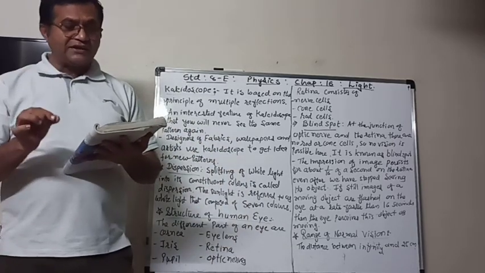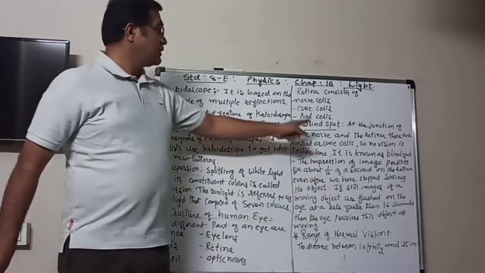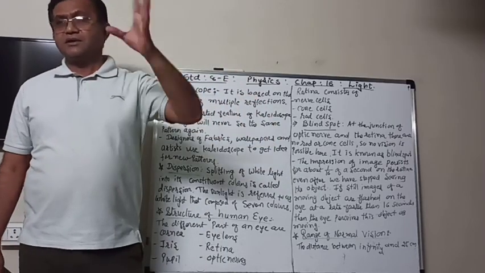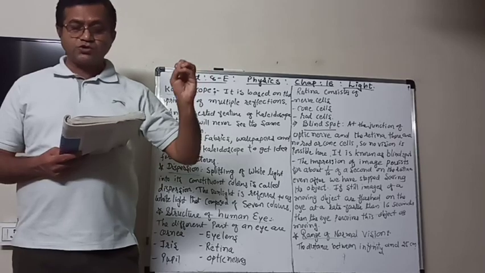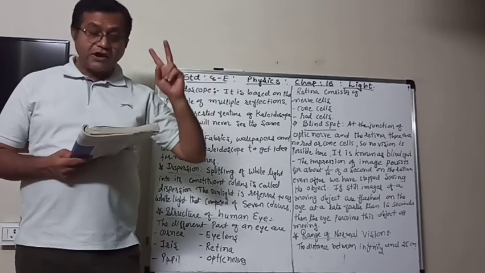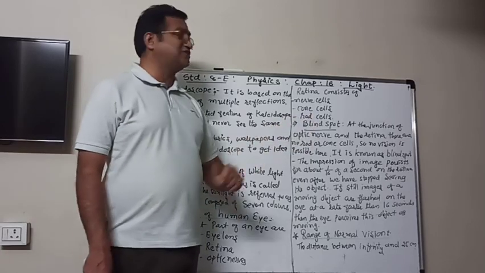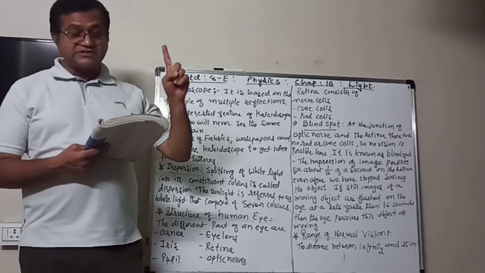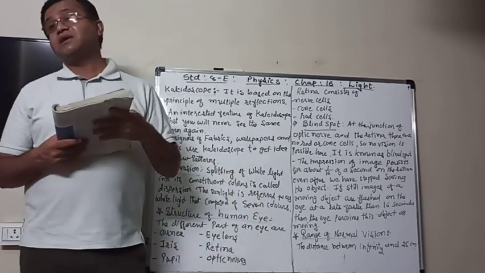Sensations felt by the nerve cells are then transmitted to the brain through the optic nerve. And there are two kinds of cells, as I told you, the cone cells and rod cells. Cone cells are sensitive to bright light, and rod cells are sensitive to dim light.